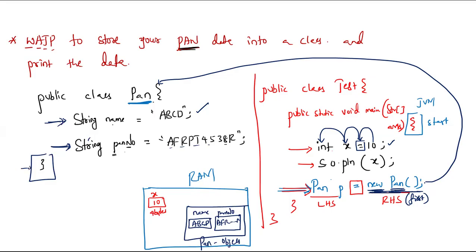Therefore, JVM will come out from this class and come to the left hand side now. So from the right hand side execution, it went to the pan class, executed the pan class code, and now it is coming to the left hand side. Now for this entire object, there is a reference variable name which you are using, that is P, the reference variable name.